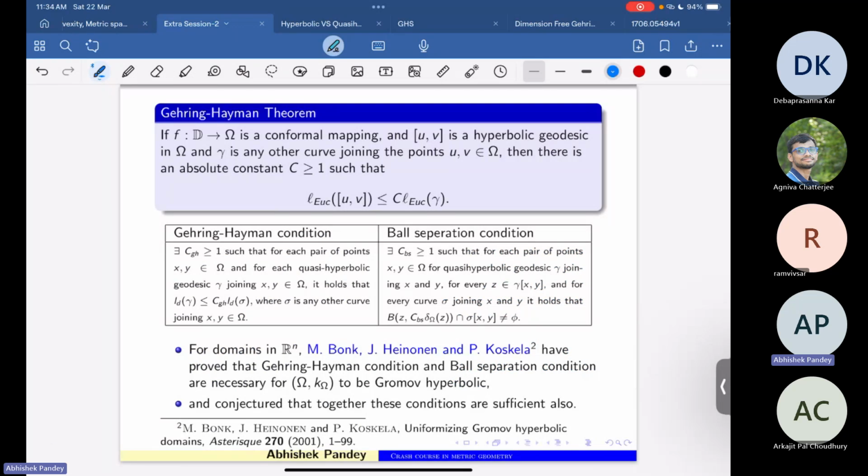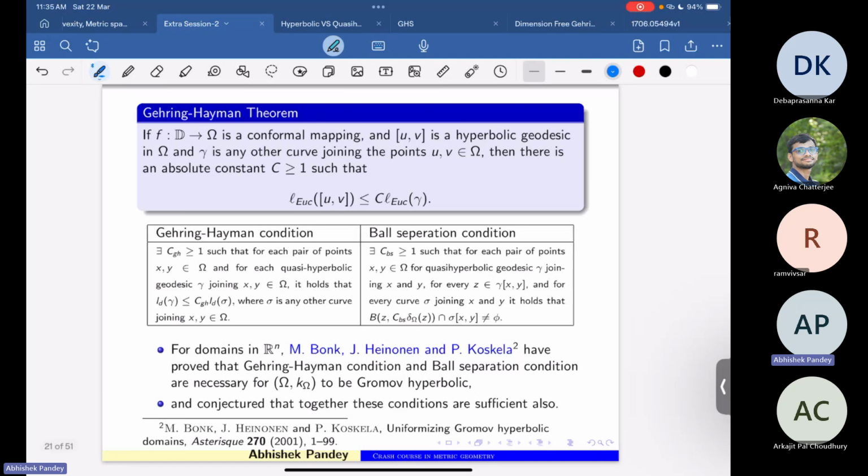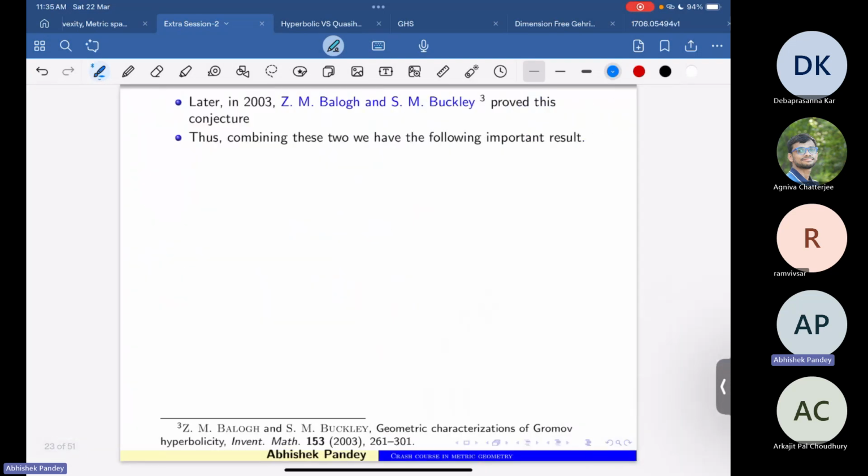So for domains omega in R^n, BHK have proved that the Gehring-Hayman condition and the ball separation condition are necessary for (omega, k_omega) to be Gromov-hyperbolic, and conjectured that these two conditions are also sufficient. Later on, Balogh and Buckley proved this conjecture.